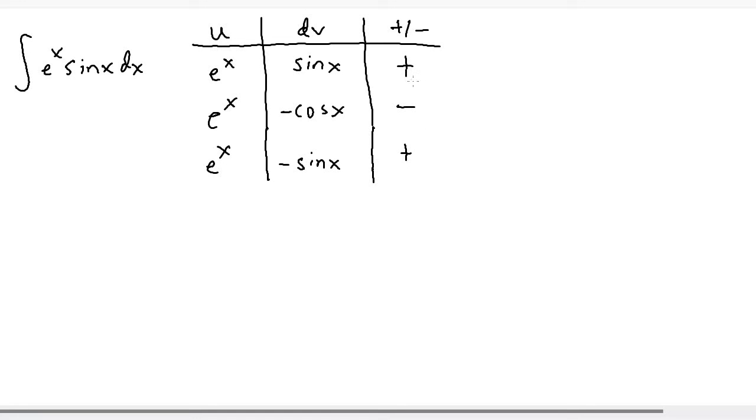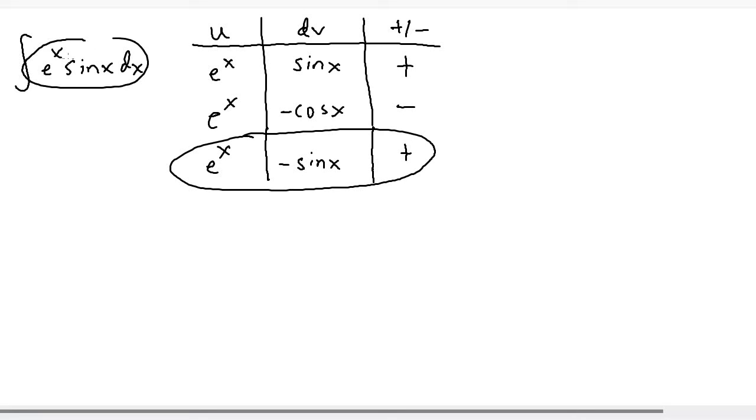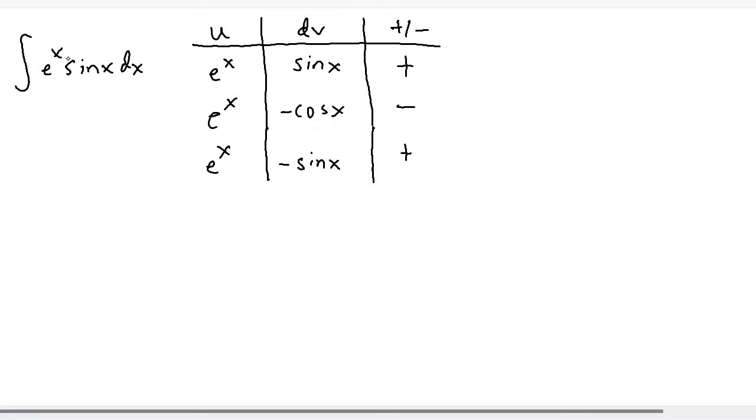But we cannot stop at the first integrated row because that wouldn't work. We have to stop at a multiple. This last row here, e to the x times negative sine x, when we multiply those two together, will be a multiple of e to the x sine of x, just with the negative. Once again, I'm going to make the arrows.